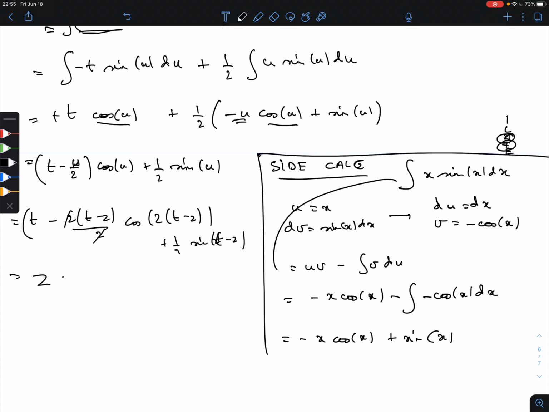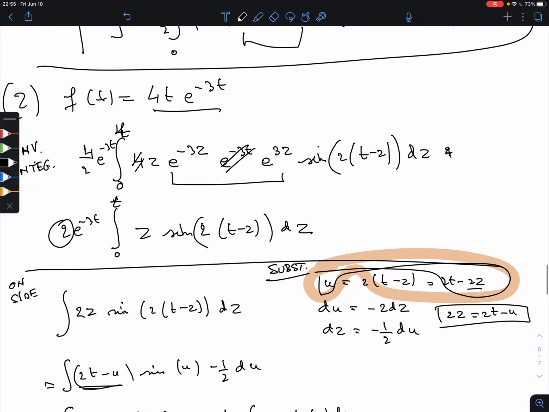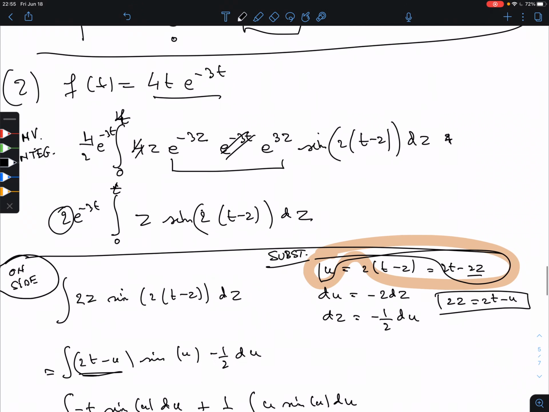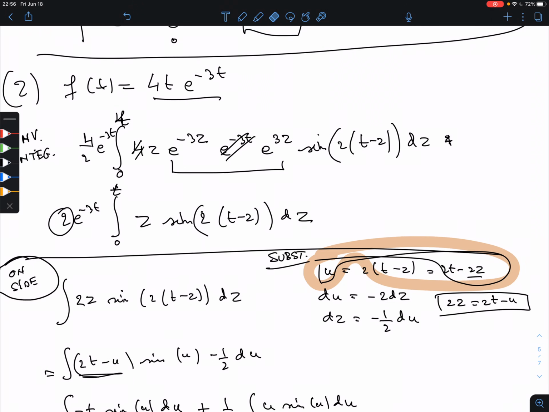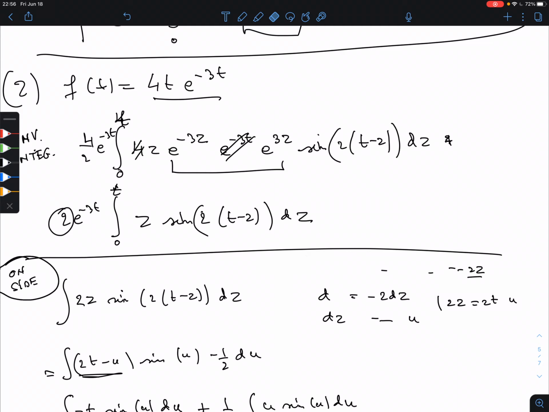So I get actually z cosine 2t minus z plus a half sine 2t minus z. Now, what was this? This was a side calculation, where I was calculating this guy here.